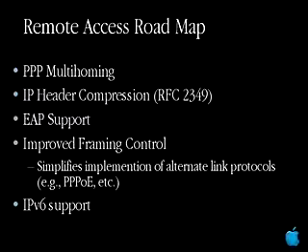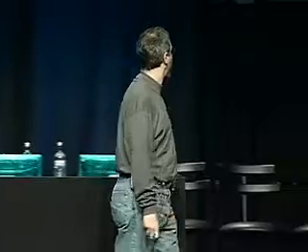The plans that we've got in the upcoming year are mostly around PPP multi-homing, and that's in line with our work on multi-homing for the rest of Open Transport. As I mentioned earlier, we're working on the advanced header compression that's specified in, what is it, RFC 2349, I guess, and elsewhere.